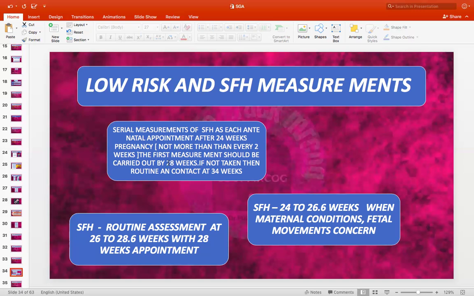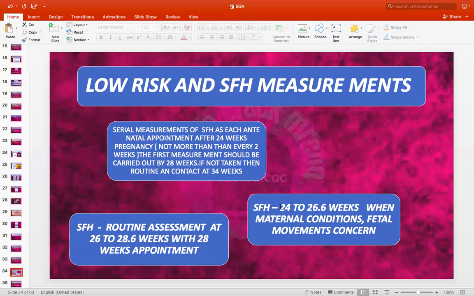And if we are not able to do it for any reason, then you have to do it at 34 weeks. So routine assessment is at 26 to 28+6 with the 28 weeks appointment. We do it after 24 weeks, but we never start from 24 weeks. Preferred is 28.